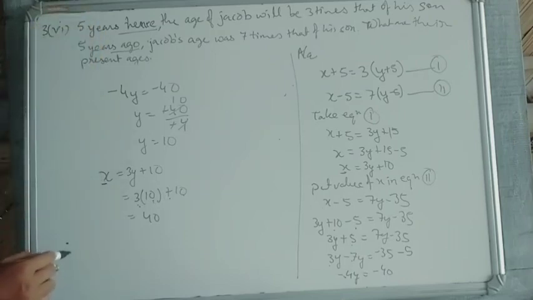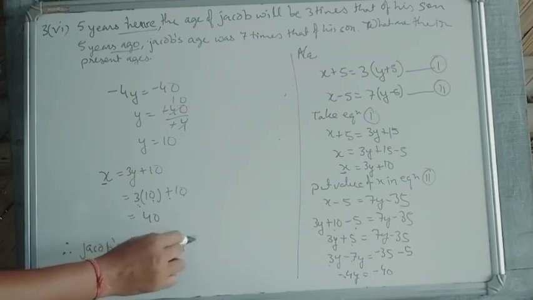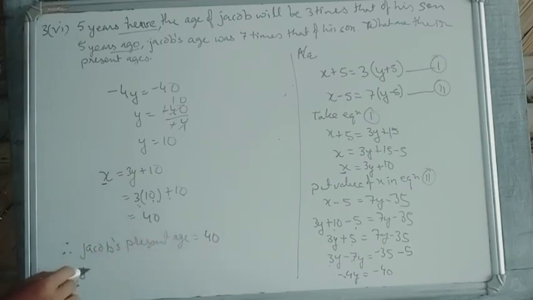So therefore Jacob's present age is equal to 40. Jacob's son's age will be equal to y, that is your 10. So these are your present ages.